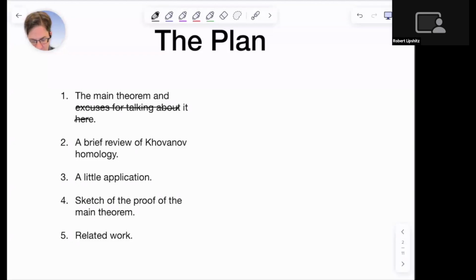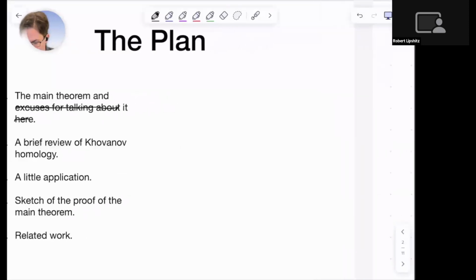And then we have the theorem and the ingredients. I'll give a little application just to illustrate that the main theorem isn't vacuous, an application to 3.5 dimensional topology, and then a sketch of the proof, just a slide or two, and talk about some related results that are more directly connected to symplectic geometry. Again, feel free to interrupt if you have questions.